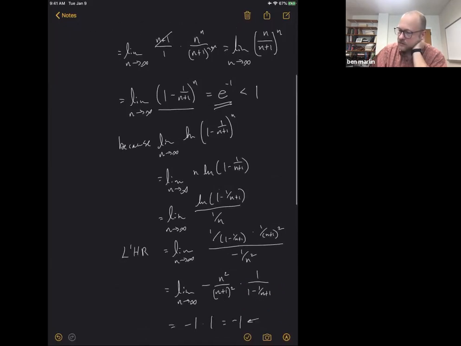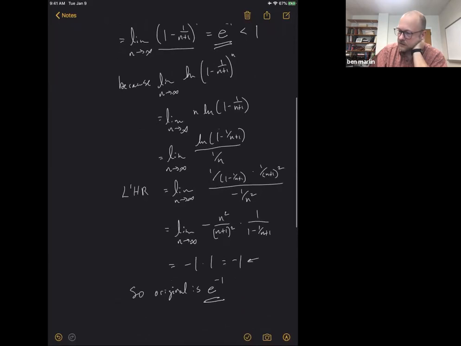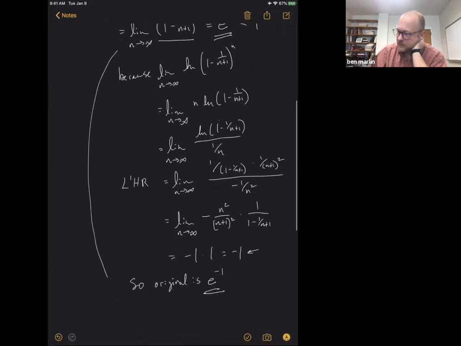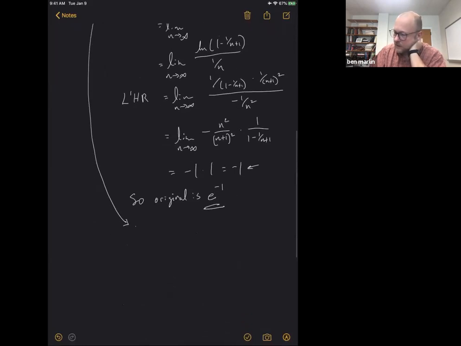So, oof. To draw a really long arrow here. All right. And thus, the summation n equals 1 to infinity, n factorial over n to the n converges by ratio test.